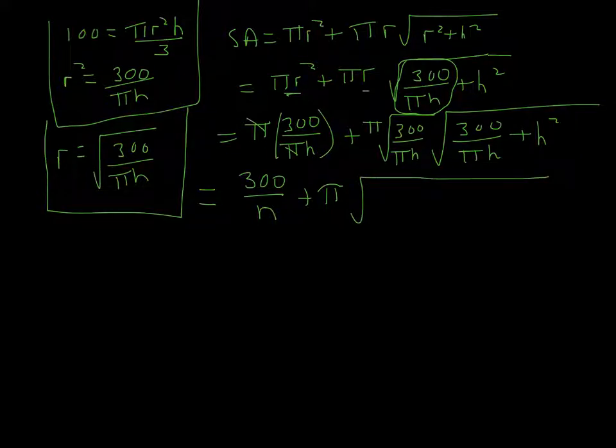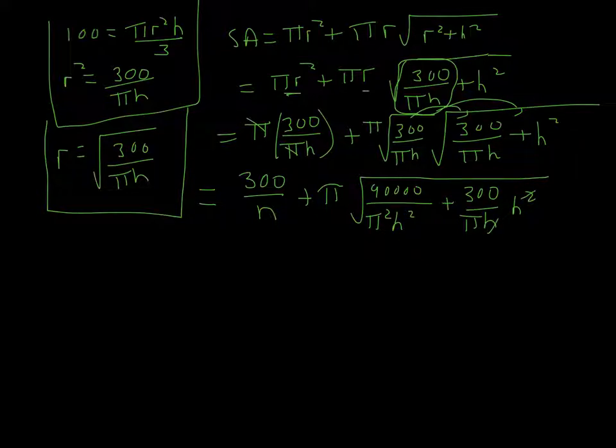So I'm going to distribute this into the radical, and I'm going to get 90,000 over pi squared h squared plus 300 over pi h times h squared, and one of those h's is going to cancel. So here's what I have so far.